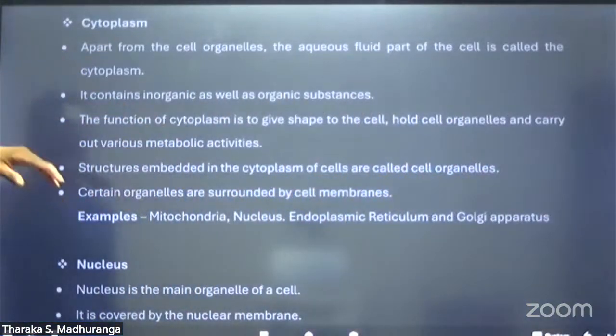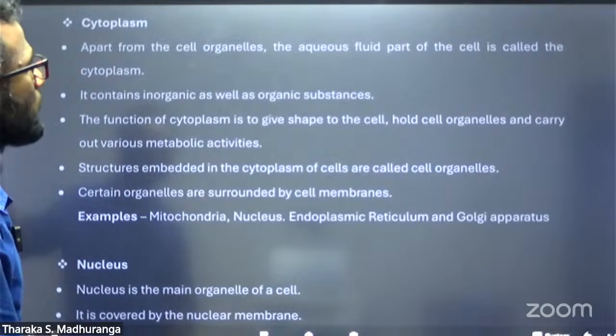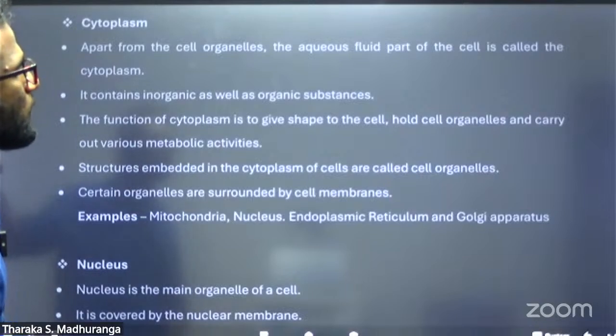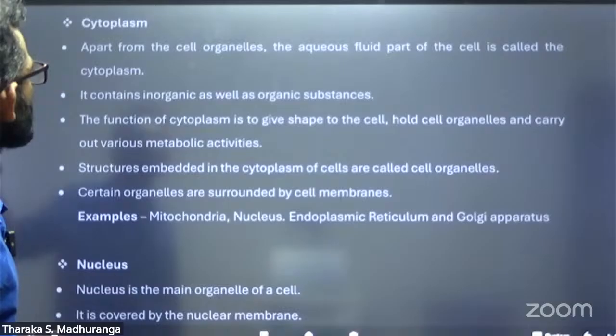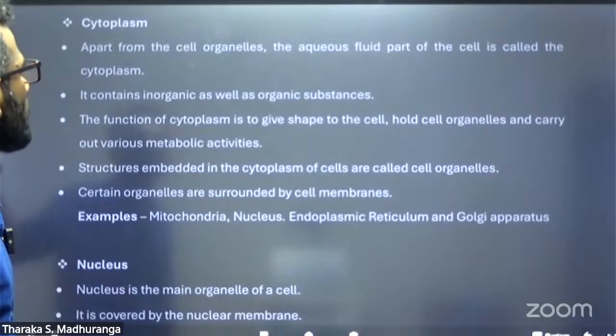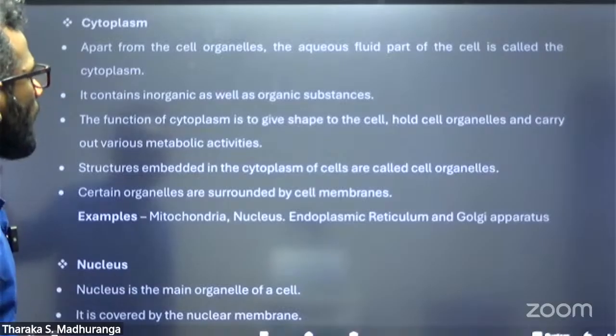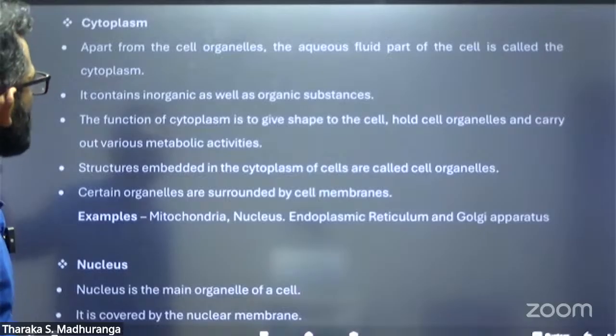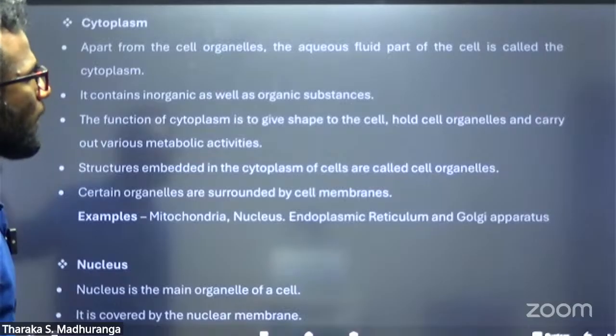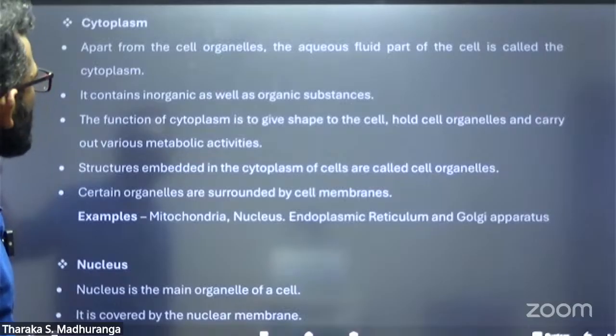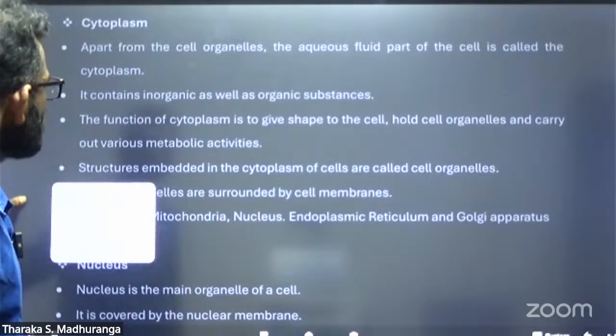Okay, read this. Apart from cell organelles, the aqueous fluid part is called cytoplasm, which contains inorganic and organic compounds as well. The function of the cytoplasm is to give shape to the cell, hold cell organelles, and carry out various metabolic activities.